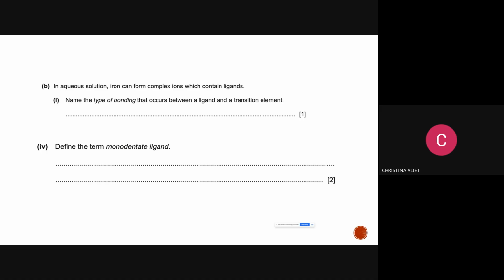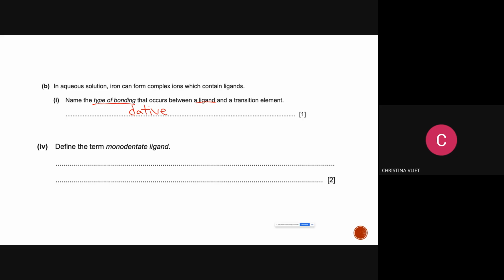All right, here's paper 4. First question, paper 4. In aqueous solution, iron can form complex ions which contain ligands. What is the type of bonding that occurs between a ligand and a transition element? Dative.